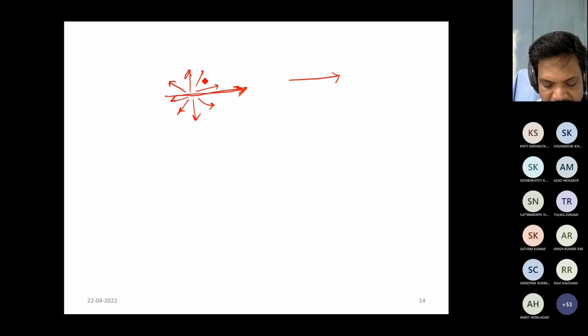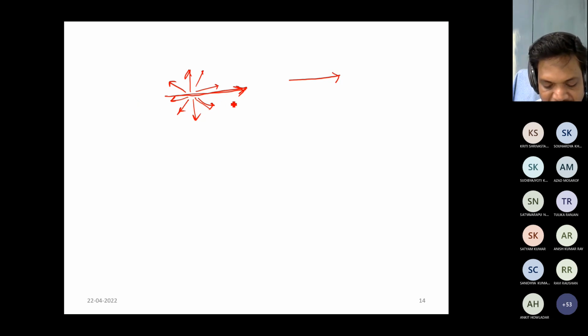Just if you consider this component, so it has one component along this as well as this component, and similarly it also has one component along this. Also this has, look at this, these are randomly moving in all directions. So as a result, each component will have some equal and opposite component in the other direction.